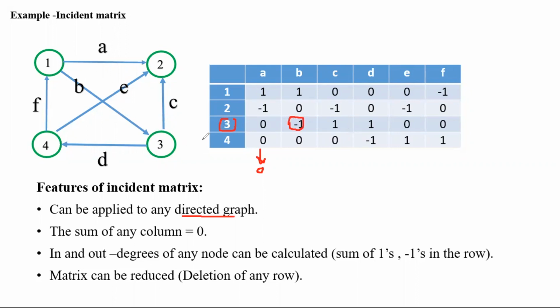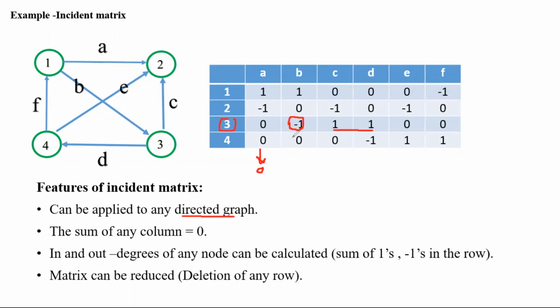The out degree of node 3 is 2. Here we have 2 ones. So the sum of minus 1s in any row represents the in degree of the node, and the sum of ones in any row represents the out degree of that node.